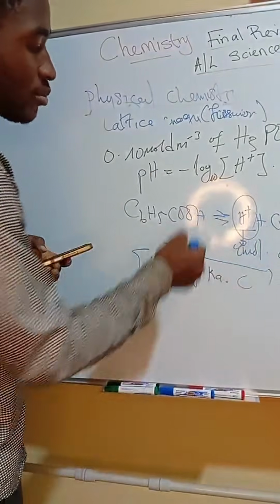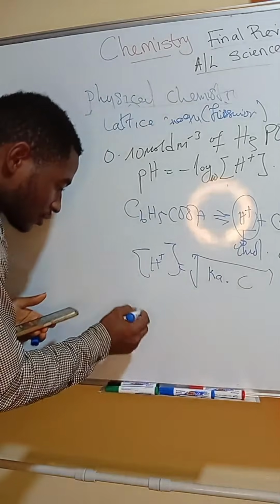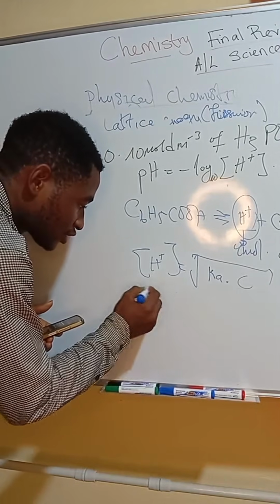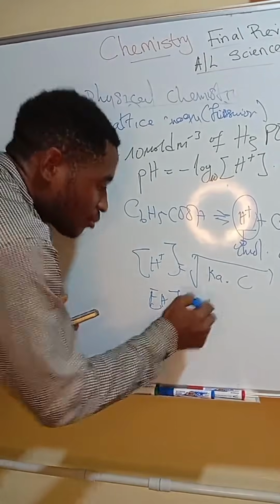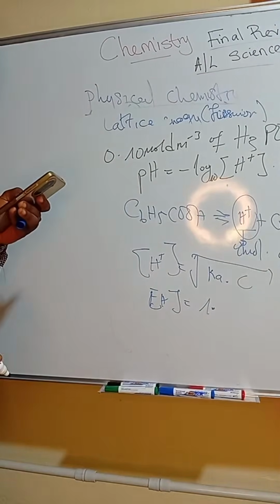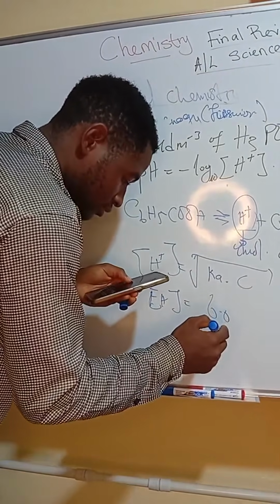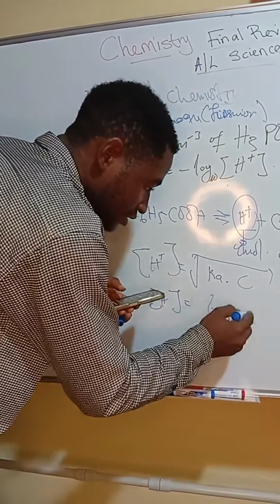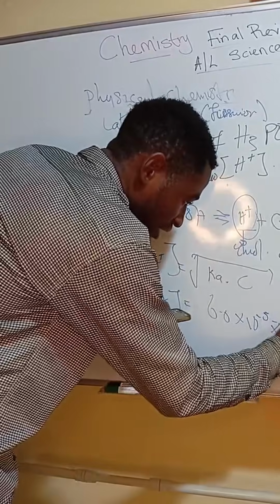Ka is given to us as 6.0 times 10 to the negative 5, times 0.01.